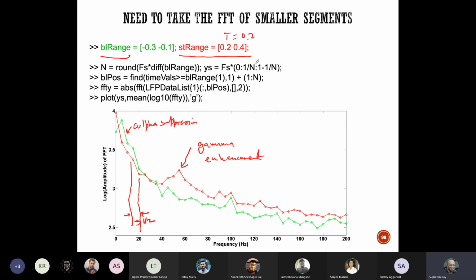If I want to know whether things are changing over 100 milliseconds, I can do 0.2 to 0.3, for example, but then I will get frequency points only every 10 hertz. That's pretty bad. I won't be able to differentiate between alpha and delta and theta and so on.